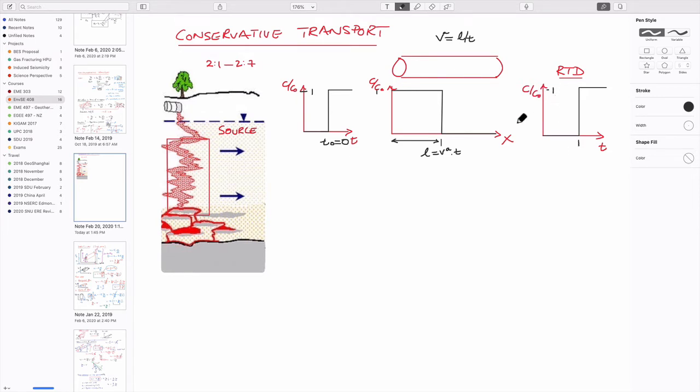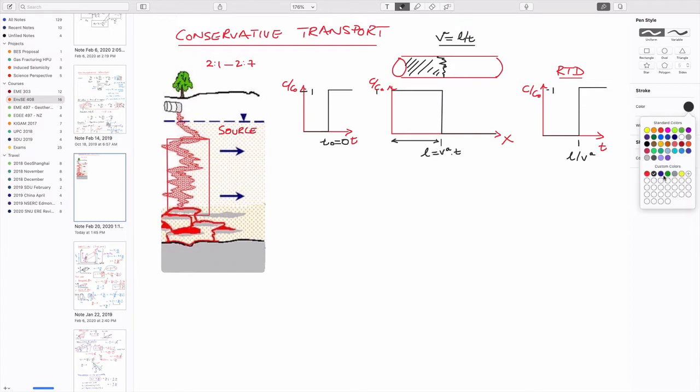The time it takes to get here is just equal to the length traveled divided by the advective velocity, by rearranging this expression. Physically this represents that the stuff going downstream has traveled this far.